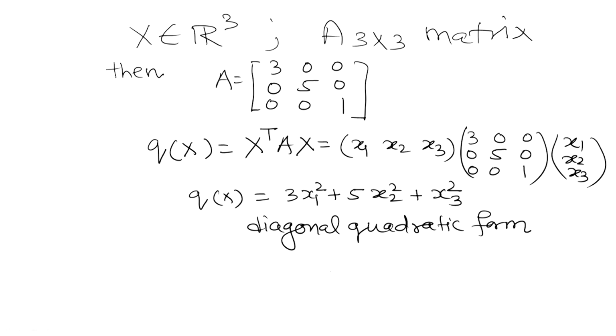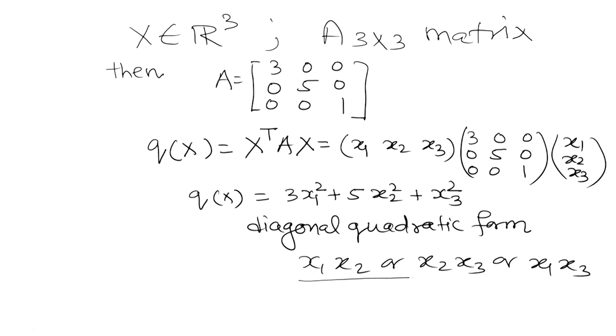So, in other words, a quadratic form is said to be a diagonal quadratic form if there is no cross term or cross product term. By a cross product term I mean a term like x1 x2 or x2 x3 or x1 x3.